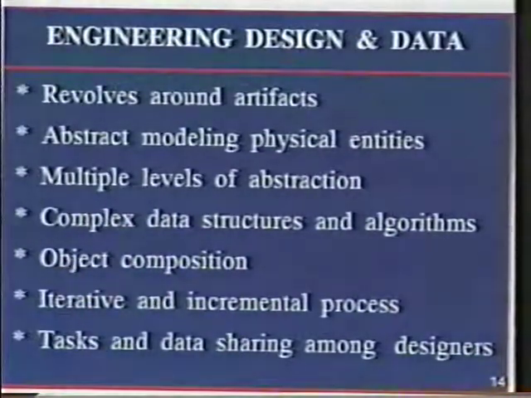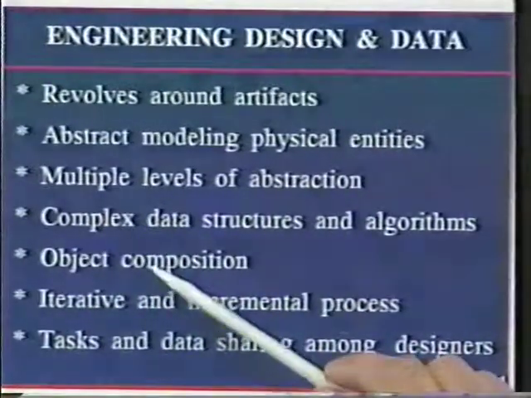Like your TV, for example, there is a relationship between the cathode ray tube and the housing. That's the housing for that particular cathode ray tube. Similarly, there are some printed circuit boards in there, and they have a complex relationship to the cathode ray tube. So, there are a lot of complex relationships between various objects, and these objects are tied in a fairly complex manner, and objects are made of one another.